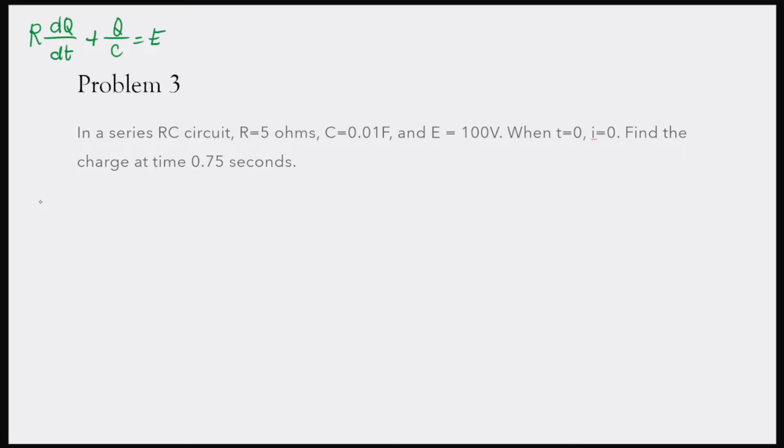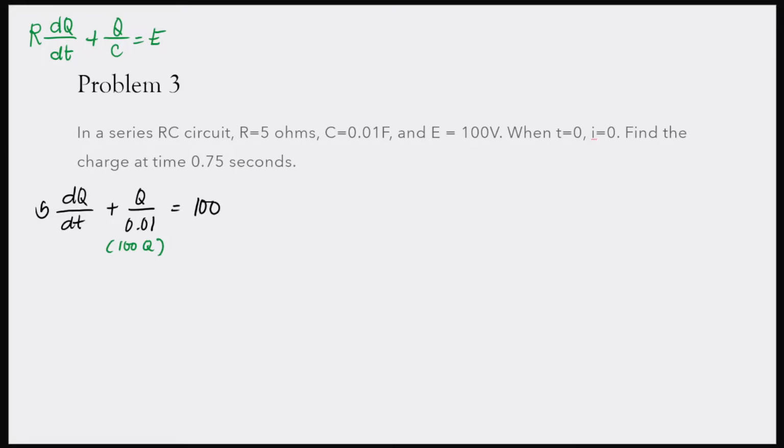We have 5, that is our R, dq over dt, plus q, of course, that is the variable that we are looking for. C is 0.01, then is equal to 100. So 1 over 0.01 is equivalent to 100, so this can be rewritten as 100q.